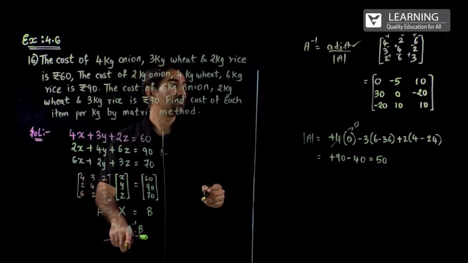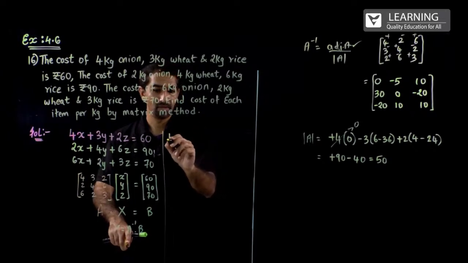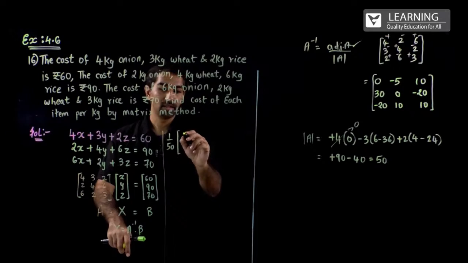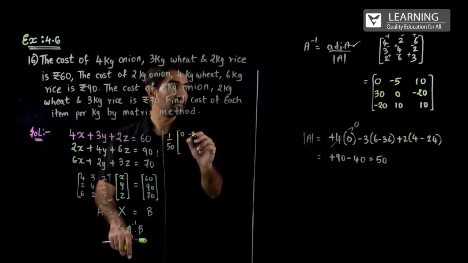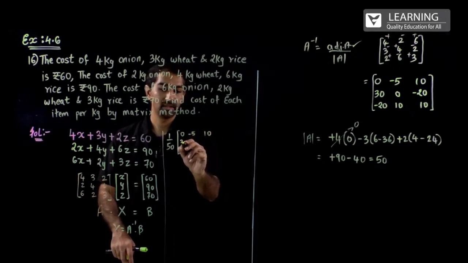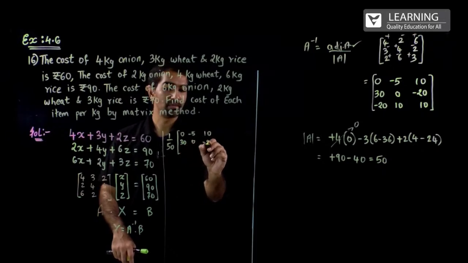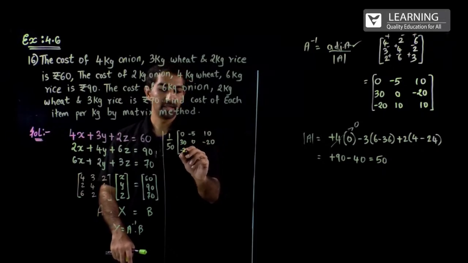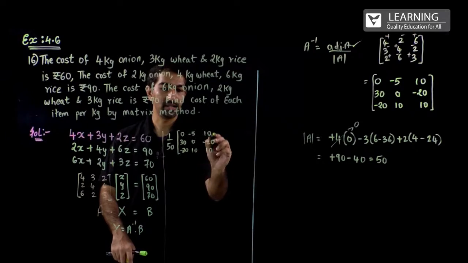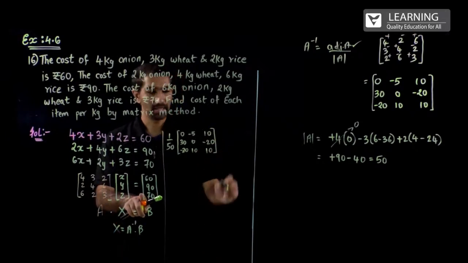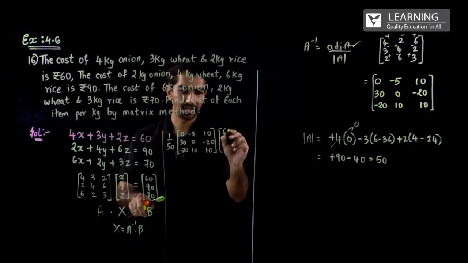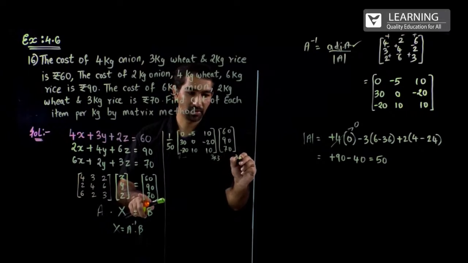So inverse of A is given by 1 by 50 into 0 minus 5 10 30 0 minus 20 minus 20 10 and 10. And what is B? B is 60 90 and 70. So this is 3 cross 3 and this is 3 cross 1.